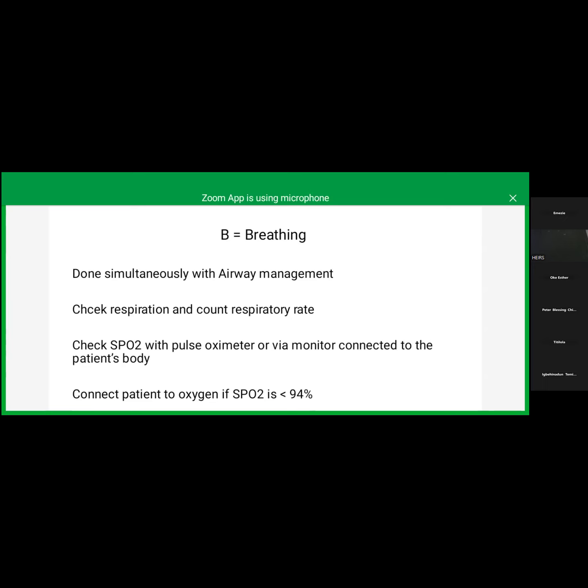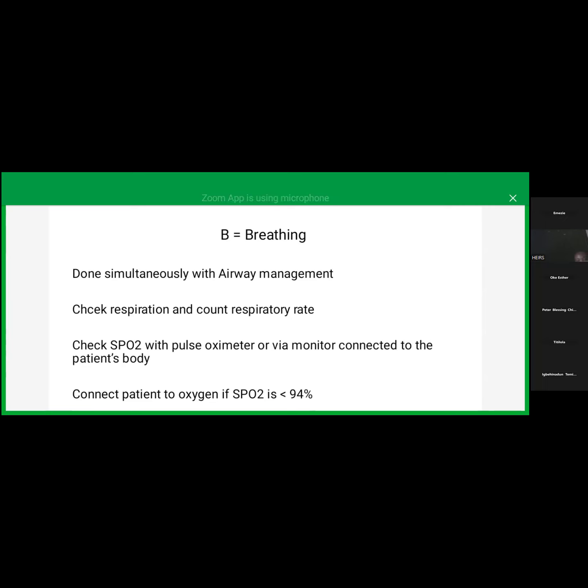It can be high, it can be low. The normal respiratory rate for an adult is anything between 12 to 18. A respiratory rate of 12 to 18 is considered normal for an adult.